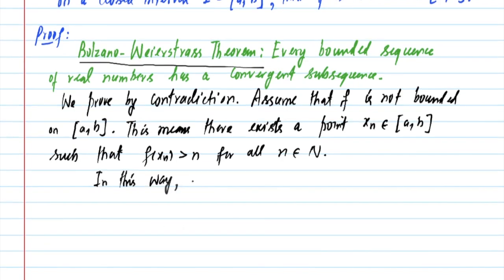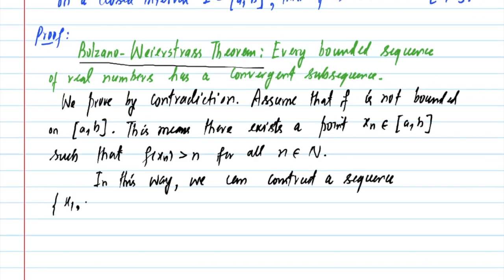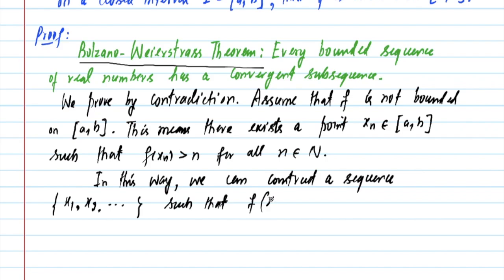In this way we can construct a sequence, और सीक्वेंस हमें इस तरह से मिल जाएगी like x1, x2 and so on, and the sequence has all of its terms inside the interval a b such that this f of xn is greater than n for all n belonging to the set of natural numbers. तो यहाँ पे अब हम ये ले रहे हैं कि अगर हम एक xn पॉइंट निकाल सकते हैं a b में at which the functional value is very very large, तो इस तरह से हम फिर एक पॉइंट सपोज x1 बनाएंगे, फिर x2 बनाएंगे, such that हर पॉइंट पे f of x का वैल्यू बहुत ही बड़ा होगा.